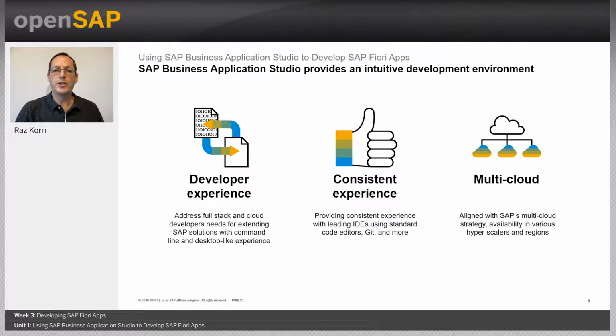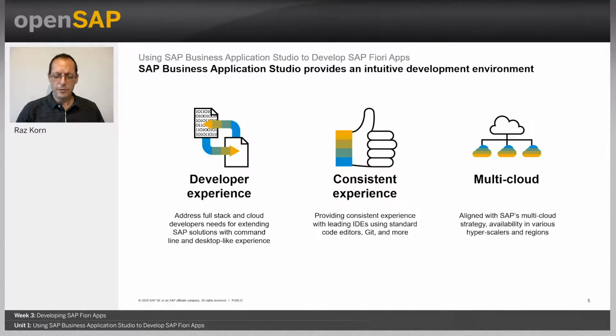The main motivations for developing it was to provide a better development experience to address the needs of application development with desktop-like experience in the cloud. We also wanted to provide consistent experience with leading IDEs, so developers would become immediately productive when using App Studio.